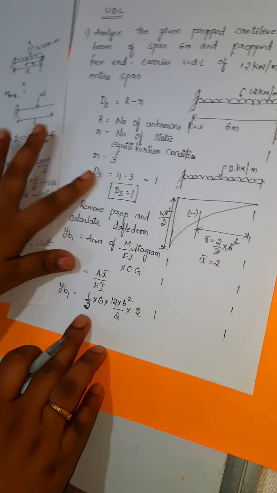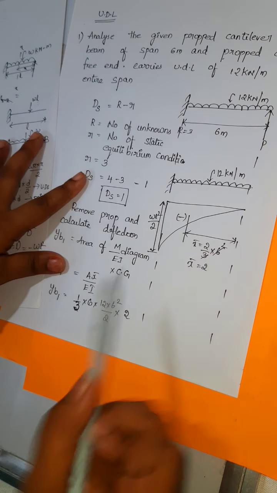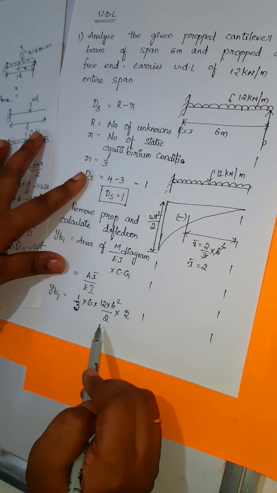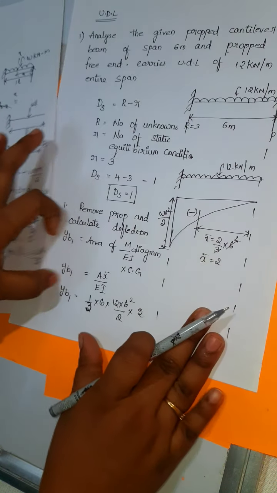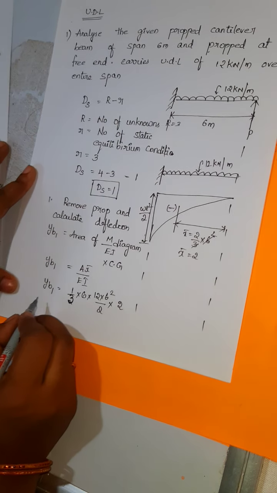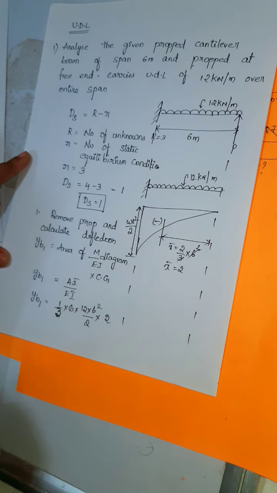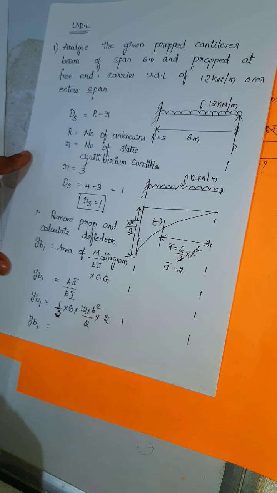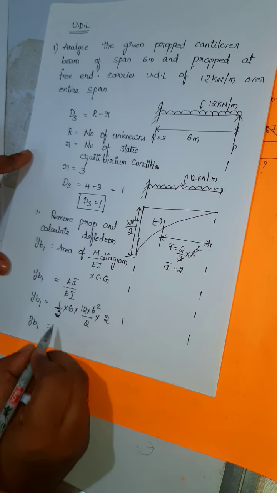So 1 by 3 into base how much? 6 meters. Height how much did I get? WL square by 2. I have substituted the values. YB1 is equal to how much?